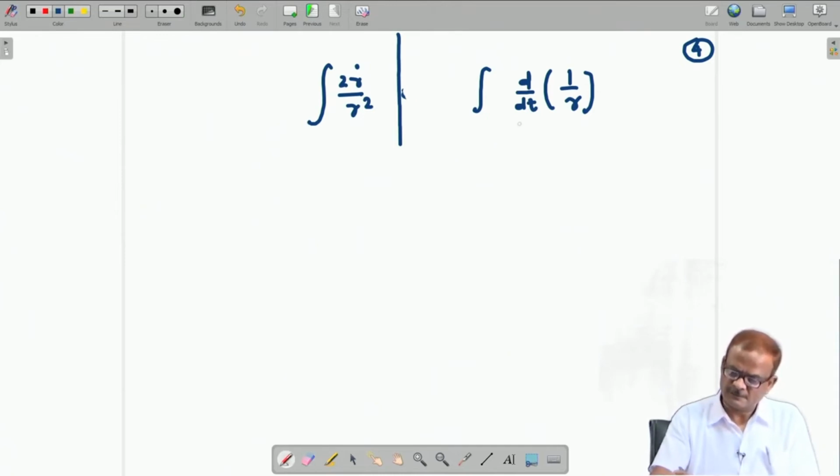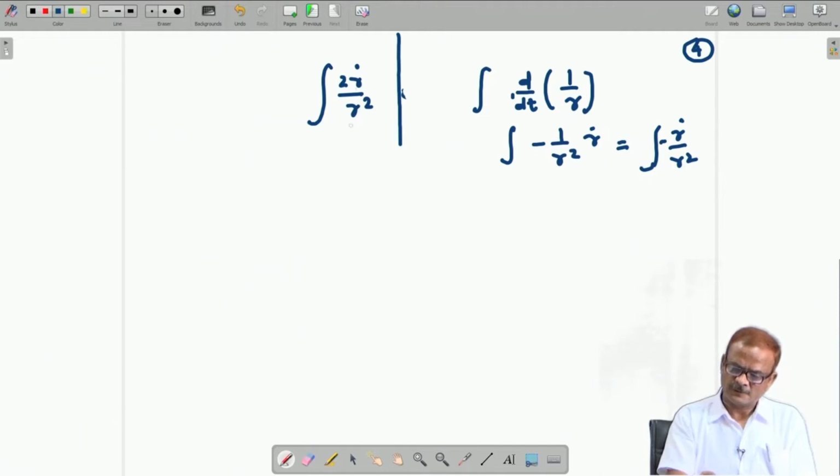and then check what we are getting here if we break it. So, this will be minus 1 by r square times r dot. So, this is nothing but your r dot by r square with a minus sign, while here you have 2 r dot by r square. Okay.